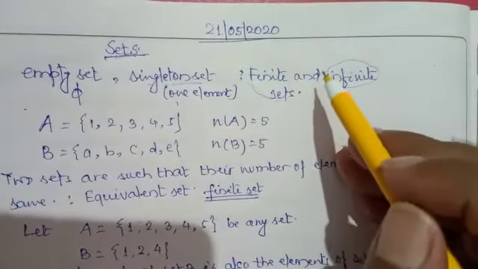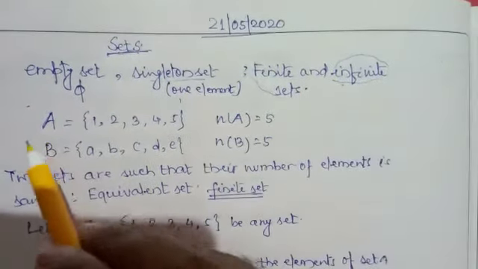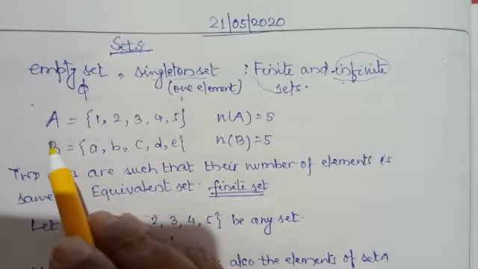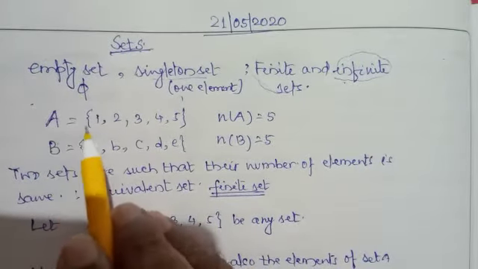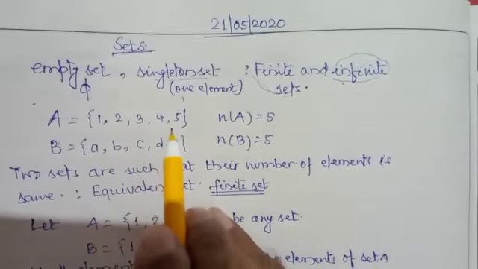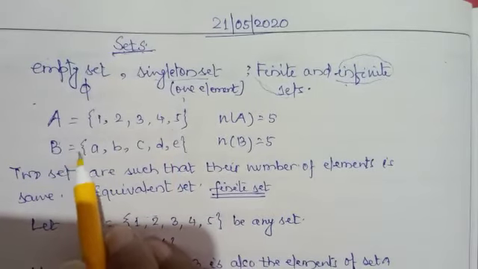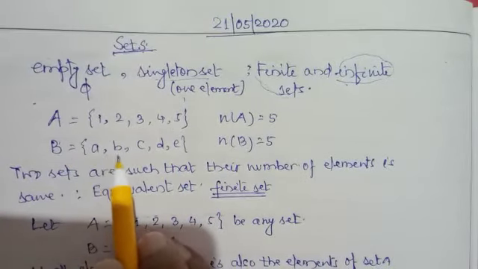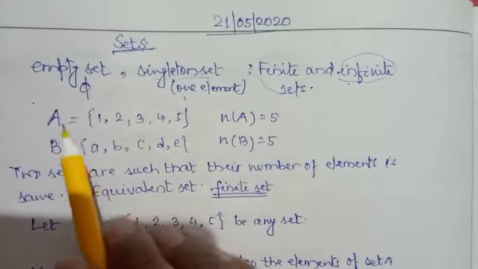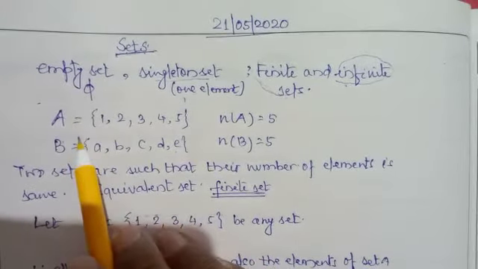Now further, consider two sets, set A and set B. Suppose the elements of set A are 1, 2, 3, 4, 5 and the elements of set B are a, b, c, d and e. Now compare these two sets.